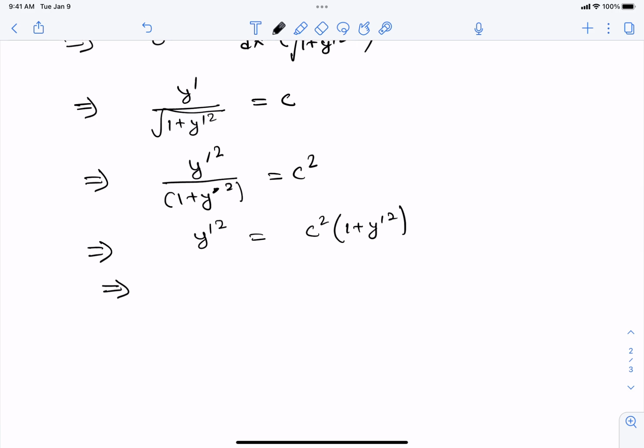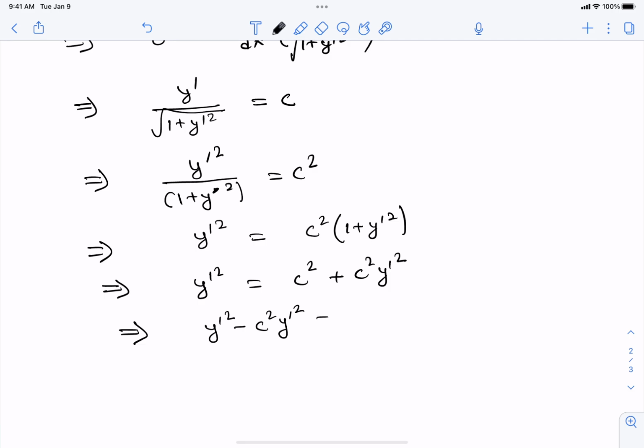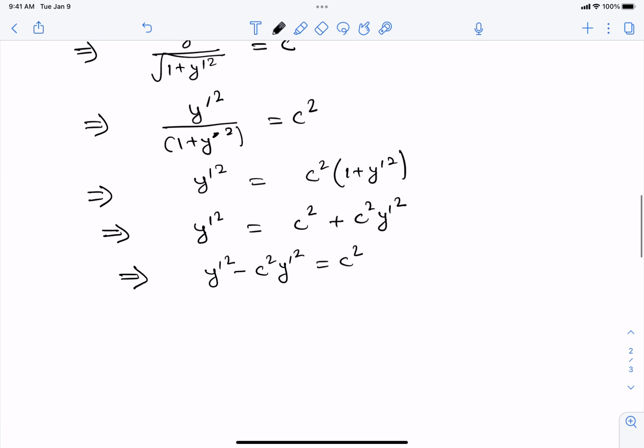Now we want to group the terms which have y prime on the same side. So let's write it as y prime squared equals c square plus c square y prime squared. Okay, so let's bring all the terms which have y prime on the left hand side. So we'll get y prime squared minus c square y prime squared equals c squared.